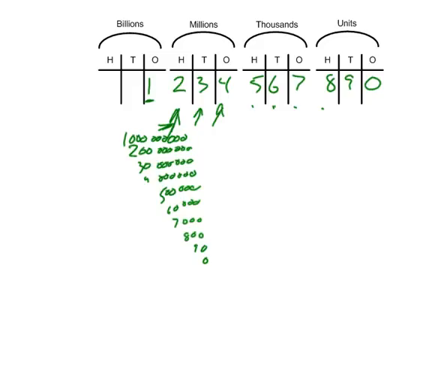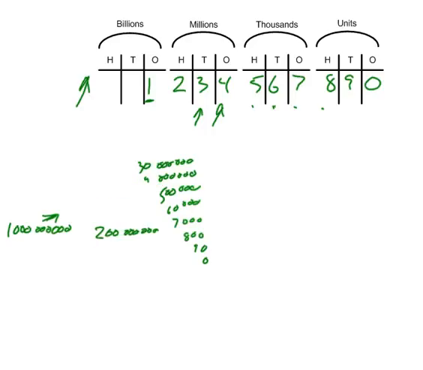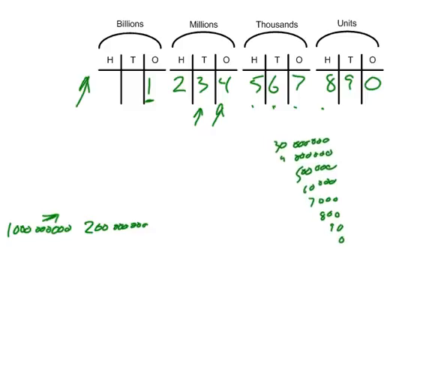Now, when we actually write a number like this out, we could even put all of these things together. 1 billion. We're actually going to put the value of each one of these things out here.